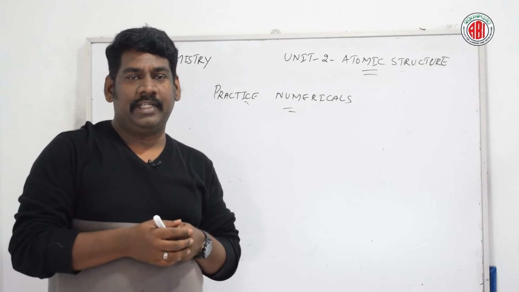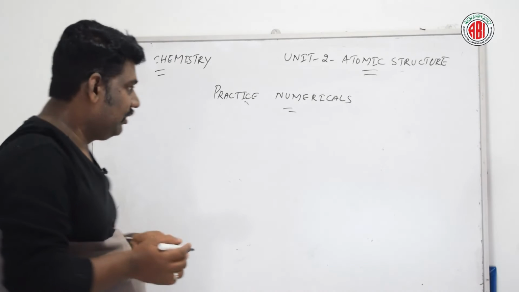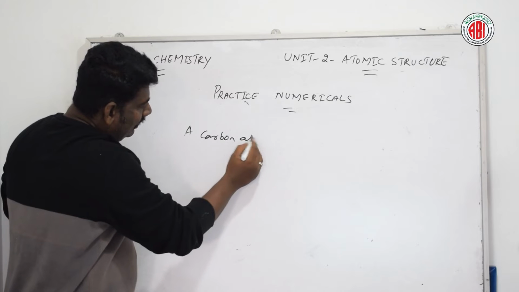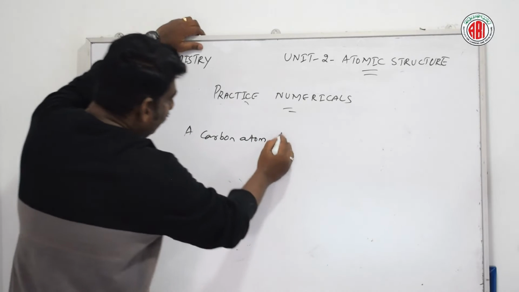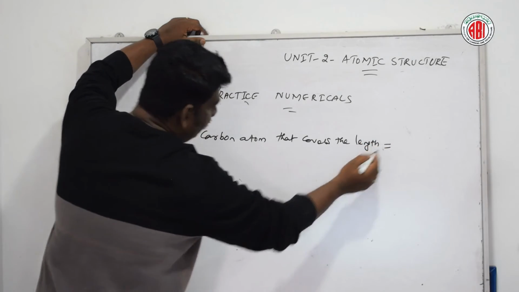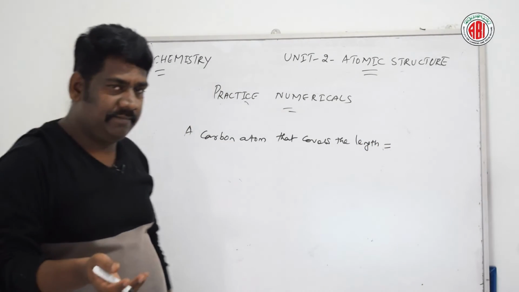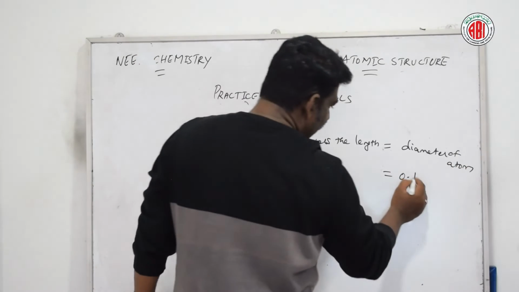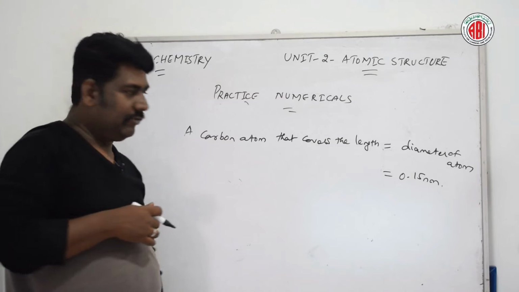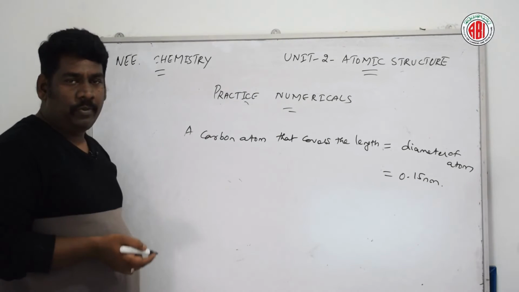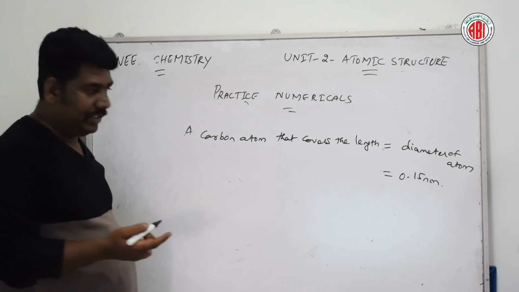A carbon atom covers a length that is equal to the diameter of the atom, that is 0.15 nanometer. That is given in the question. So 0.15 nanometer, convert it into centimeter.